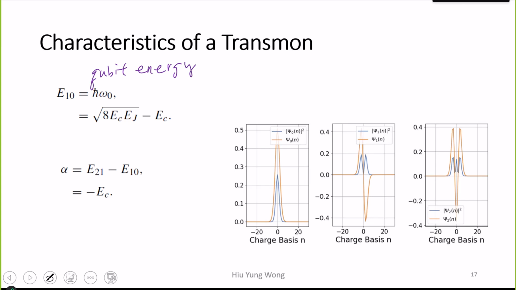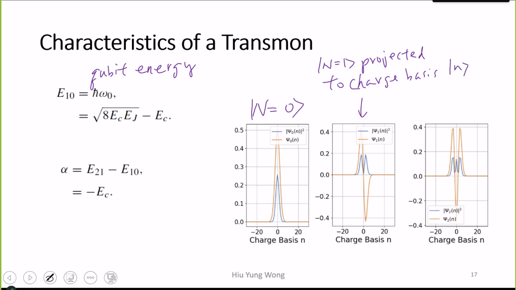I want to show you, that's just quantum mechanics, you can project. This is n equal to 0, and n equal to 1, project to the charge basis, which is small n. What is small n again?